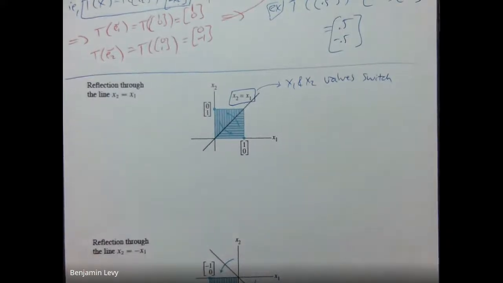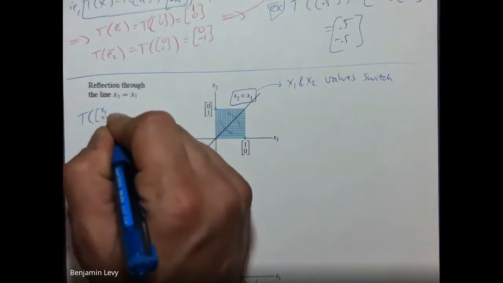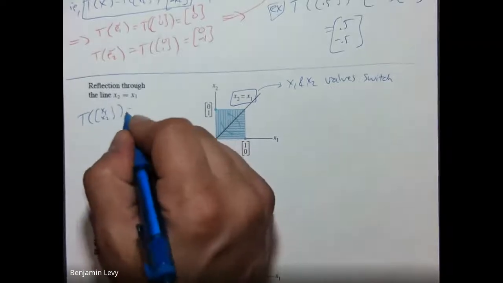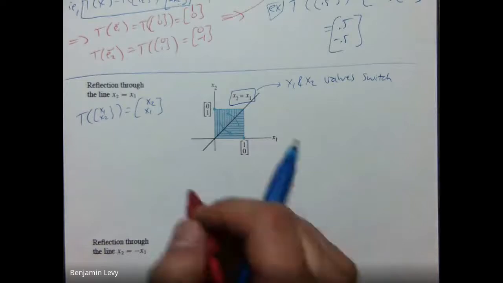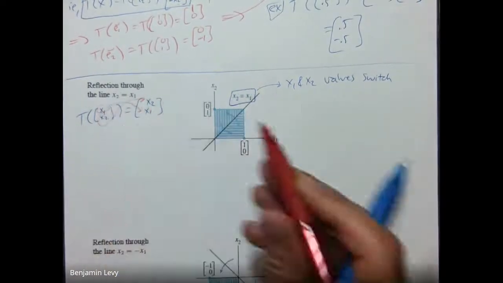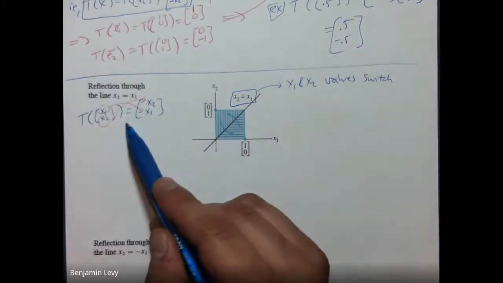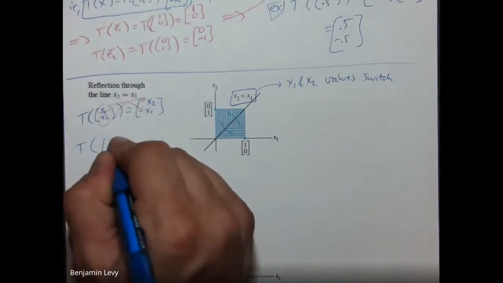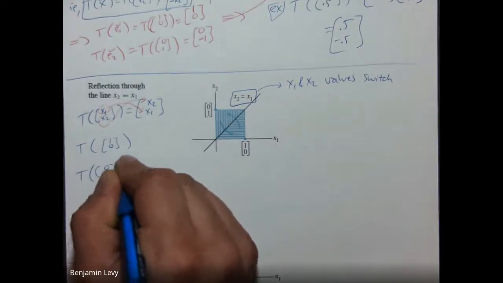In other words, the definition of this transformation, if we apply it to a regular vector (x1, x2), is that we just switch the values. So it equals (x2, x1). This one went up top, this one went on the bottom. They flipped. Let's apply the transformation to the two points e1 and e2. Let's apply the transformation to (1, 0) and to (0, 1).